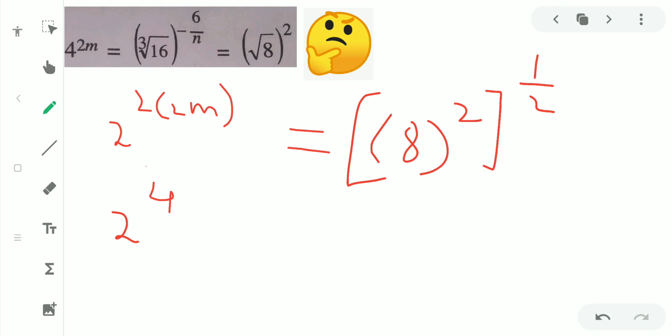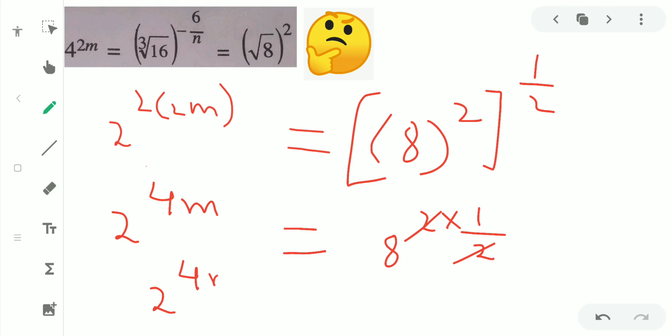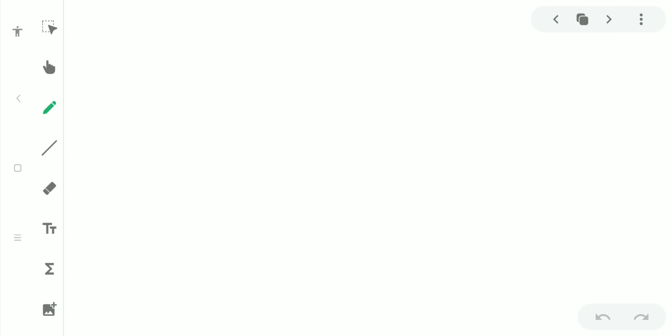So 2 power 4m on multiplying here, we will get 8 power 2 into 1 by 2, where 2 and 2 get cancelled. So I will get 2 power 4m is equal to 8.